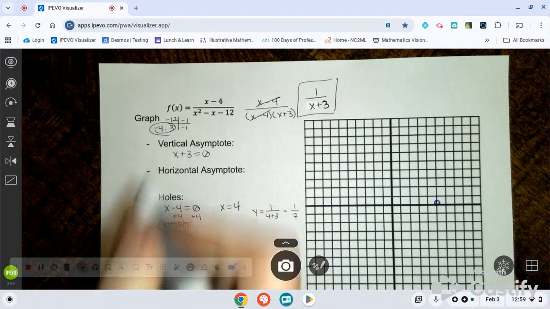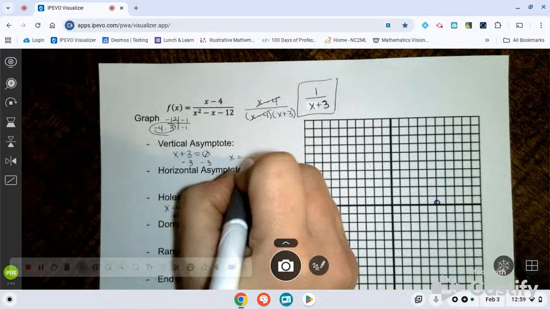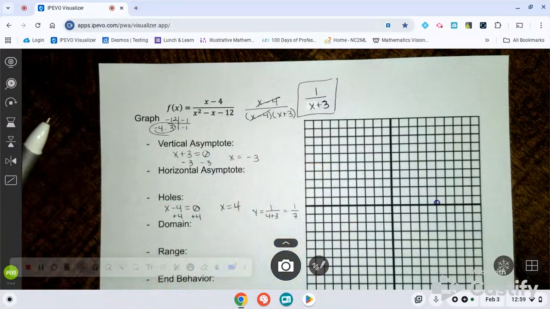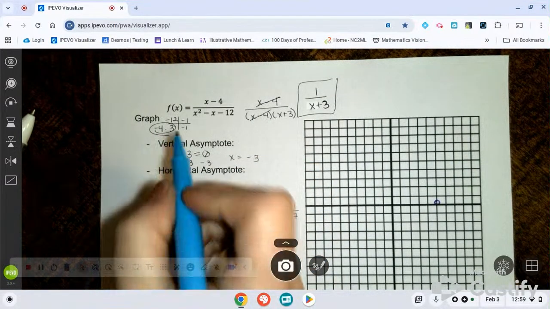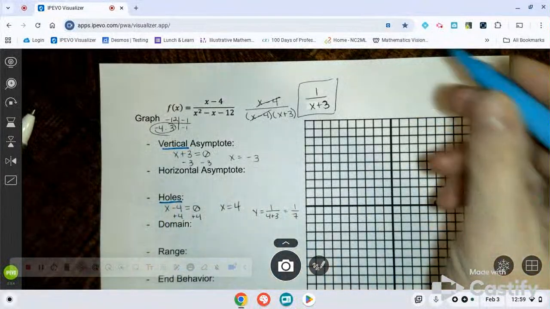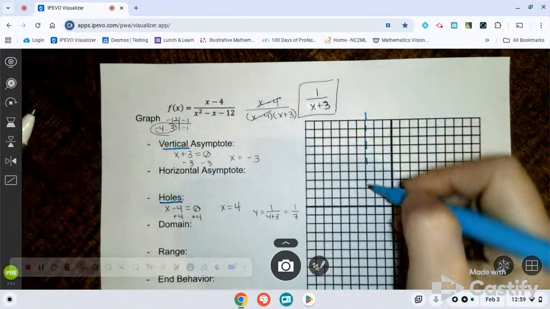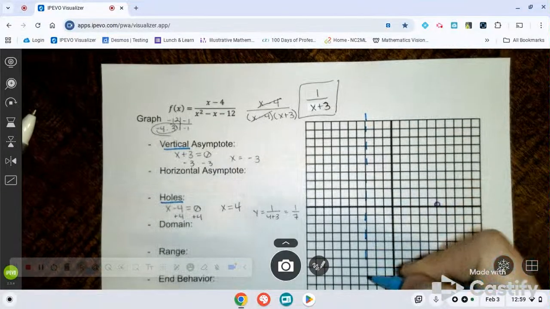We're doing our best. So this is going to be for our vertical asymptote, x equals negative 3. So I'm going to go in. What color did I use? I used blue for the vertical asymptote. So 1, 2, 3. There's my vertical asymptote.